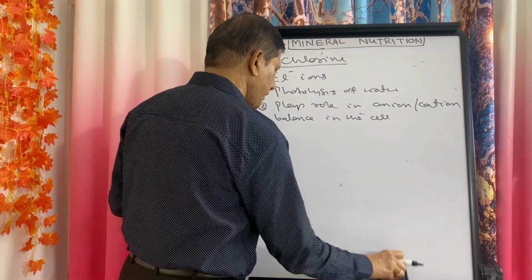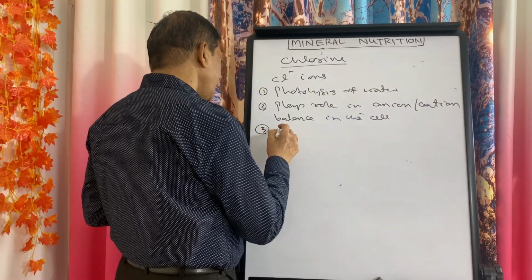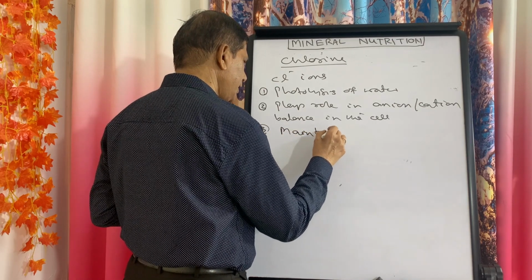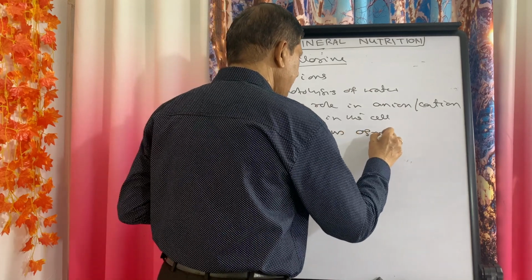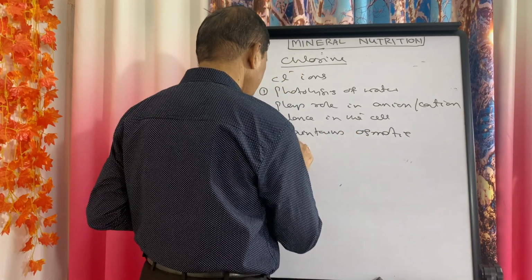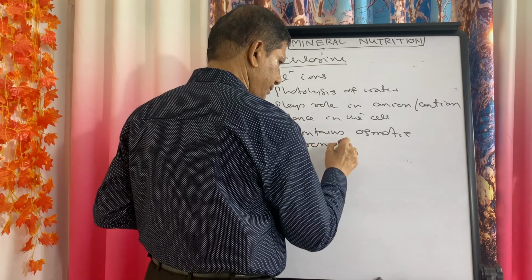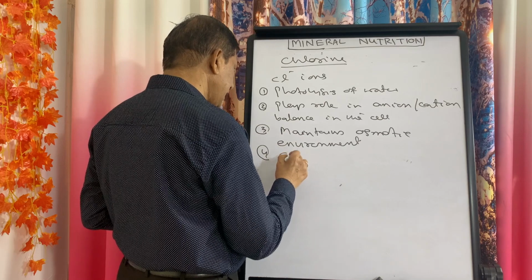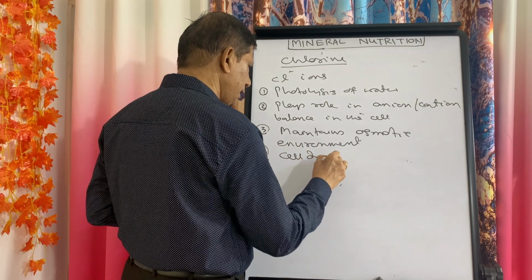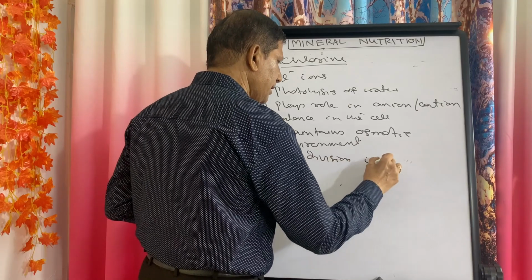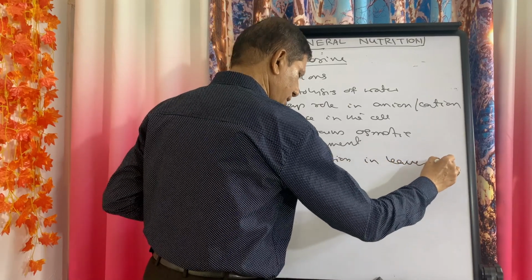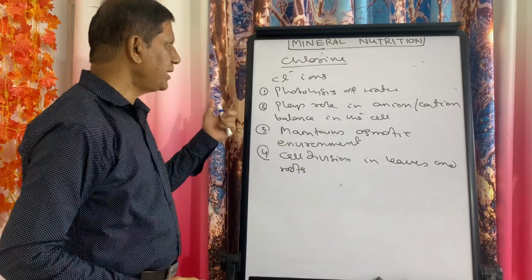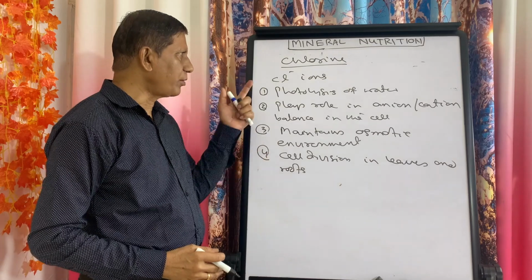And another aspect is that it maintains the osmotic environment, and also it plays some role in cell division in leaves and roots. So these are some of the functions carried out by chlorine.